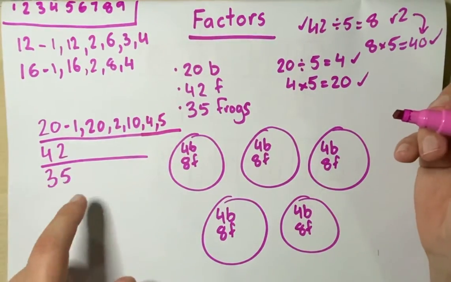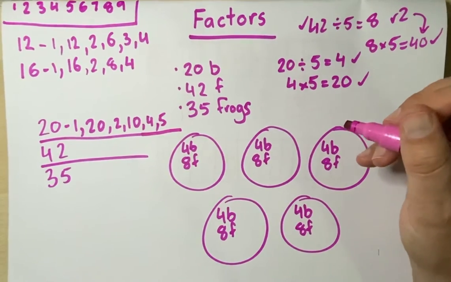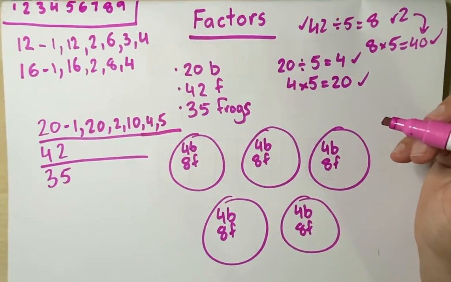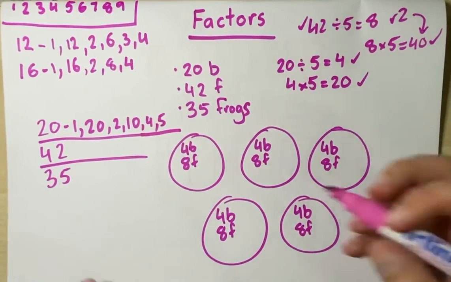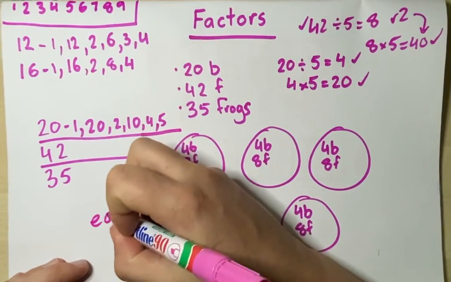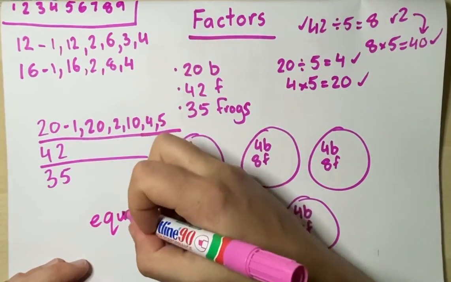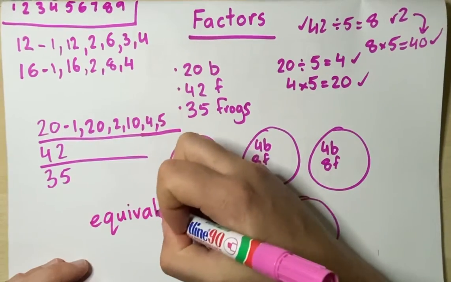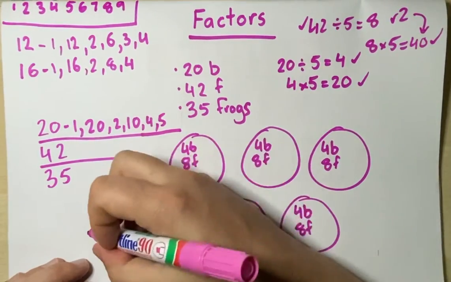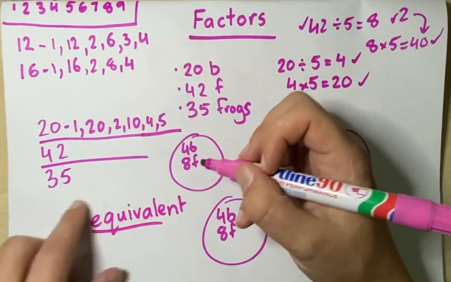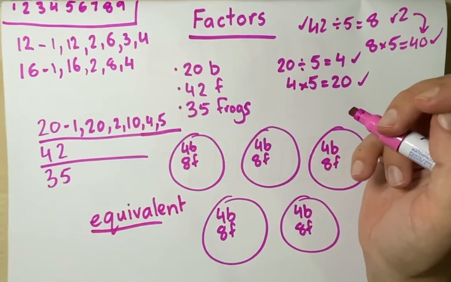So you need to find the factors for all of the lollies. The fourth question says, create equivalent number sentences. Now you'll remember the word equivalent means equal. Now we have the base word, it's kind of similar, looking like equal there. That's always a hint that we can use.